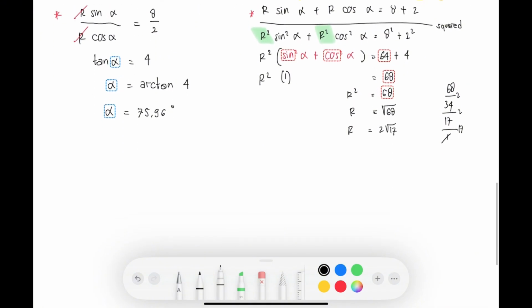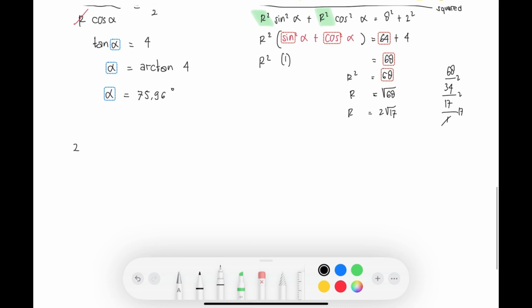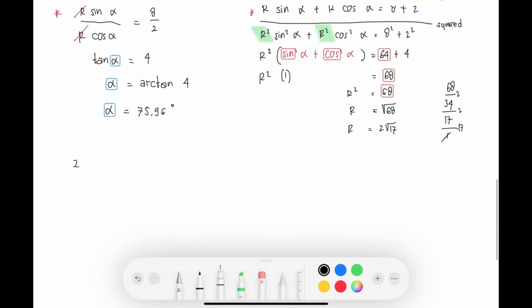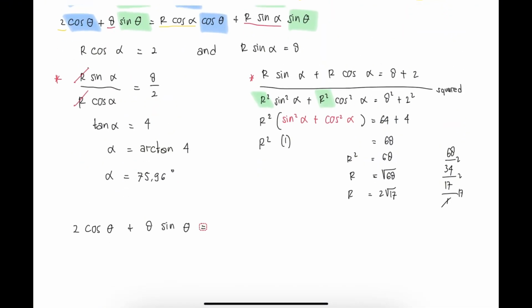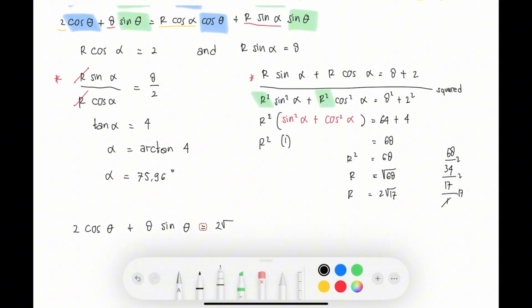Then after that, we come up with the final result: 2 cos theta plus 8 sin theta can be written in the form of r, which is 2 root 17 cosine theta minus 75.96, right? Or we can just make it into whole numbers, 76 degrees. Done.